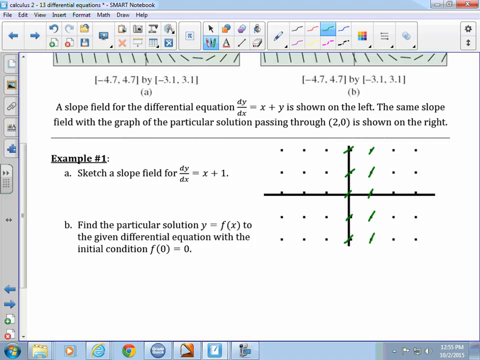And then at 3, the slope would be? Steeper. No, sorry, at 2, the slope would be? It'd still be steeper. It would be 3, right? And then at 3, it would be even steeper. Oh my goodness. And then at -1, what would the slope be? 0. Generally, on the AP exam, they will give you a point for the 0 slopes.